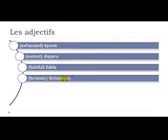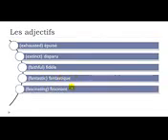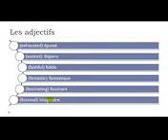Fantastique. Okay, Q-U-E at the end, K. Okay, tic. Fantastique. Fascinant. Final T not pronounced, so you get this A-N. En, non, fascinant. Imaginaire.